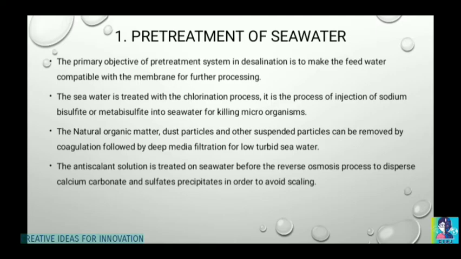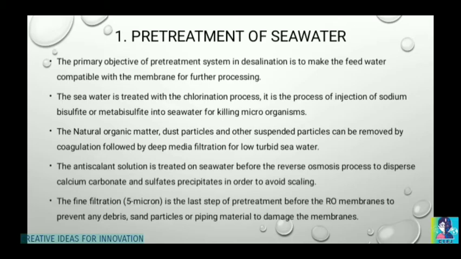The antiscalant solution is added to the seawater before the reverse osmosis process to disperse calcium carbonate and sulfate precipitates in order to avoid scaling. The fine filtration, of 5 micron size, is the last step of pretreatment before the RO membranes, to prevent any debris, sand particles or piping material from damaging the membranes.